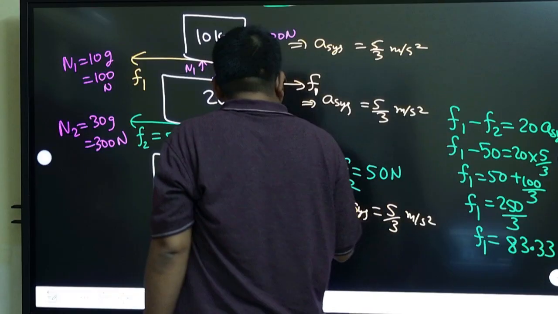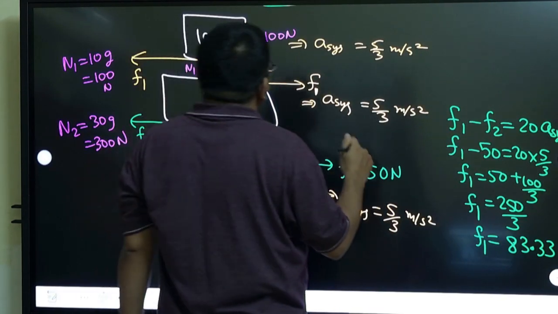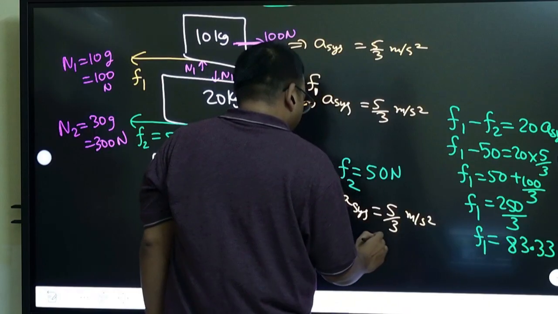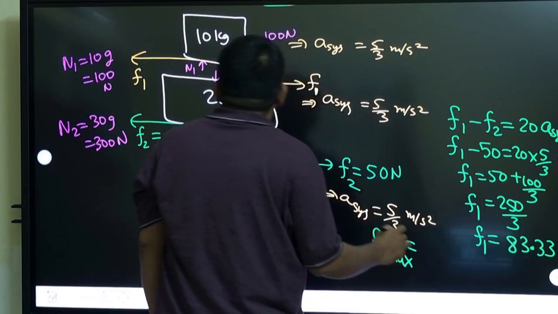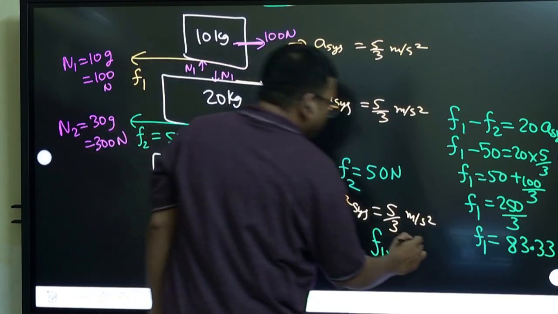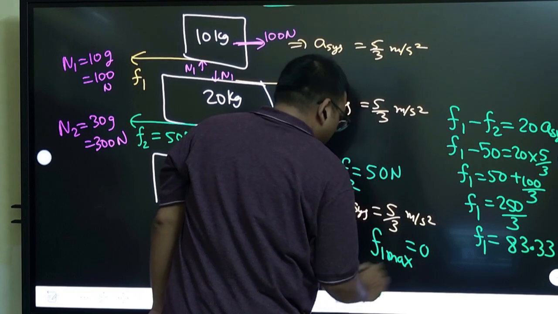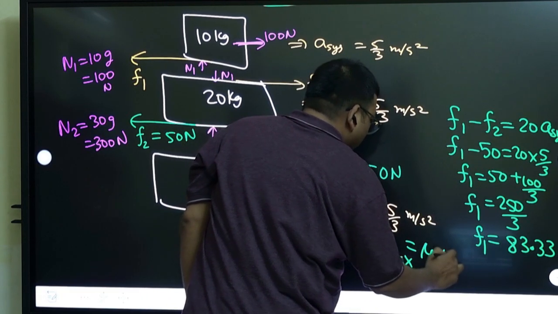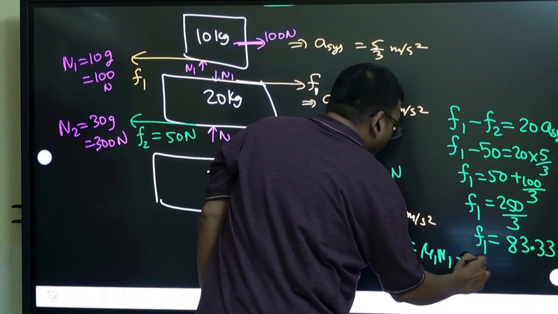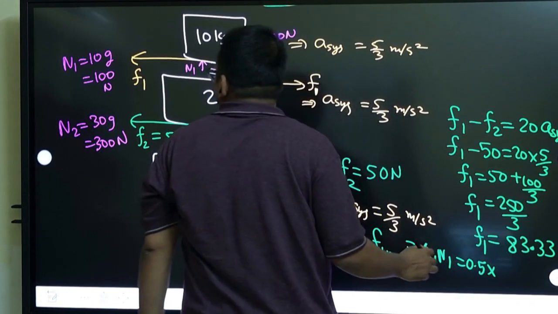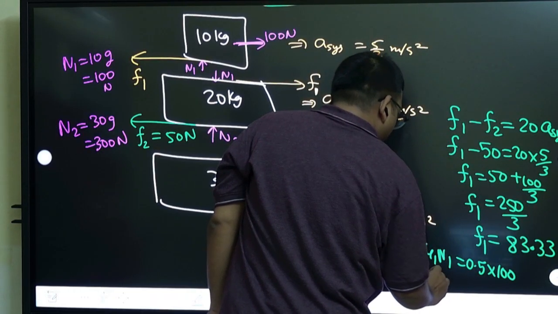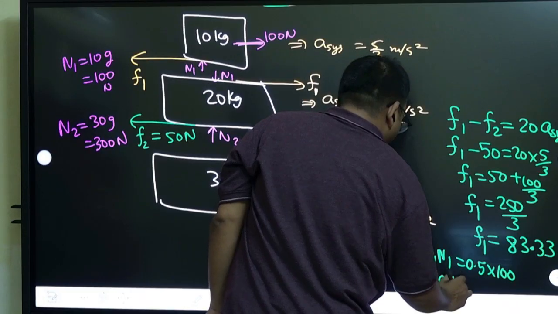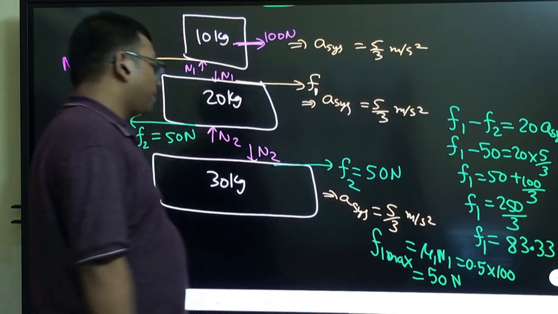Now here calculate the maximum F1. What is the maximum value of F1? Mu times normal, that means mu1 into normal N1. So mu1 is 0.5, and normal N1 we have calculated as 100. So that comes to 50 Newton, correct? Okay.